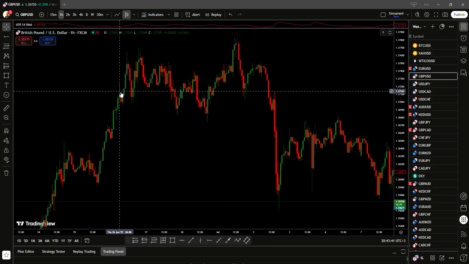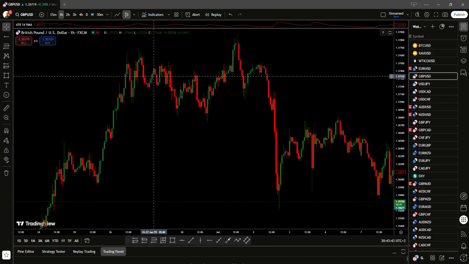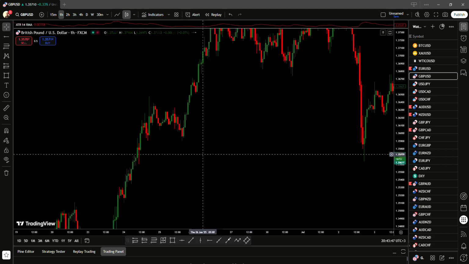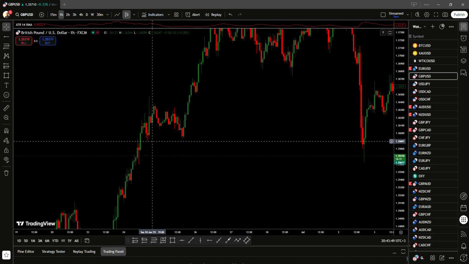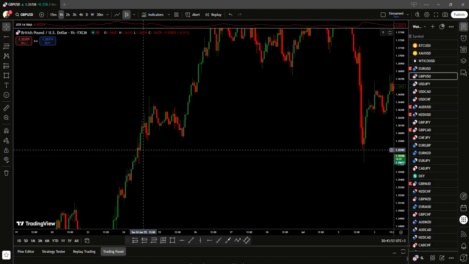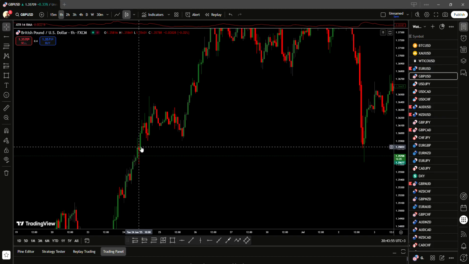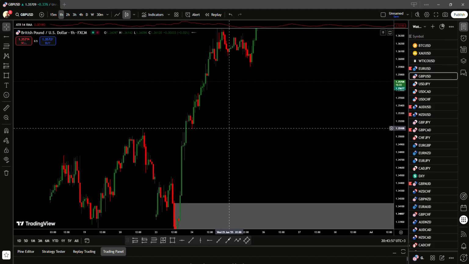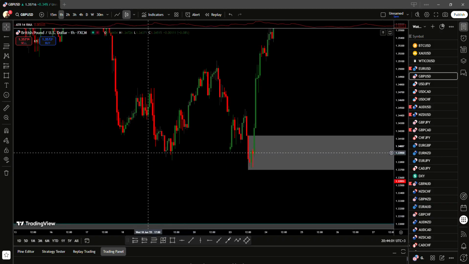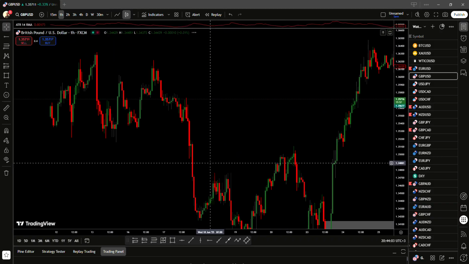It was tested there, but there was no support and resistance, so that's also not valid. This one was tested here perfectly, but the support was very low, so we shall not count that.